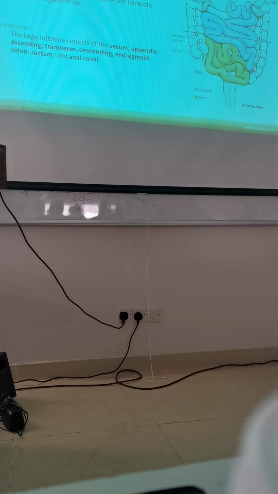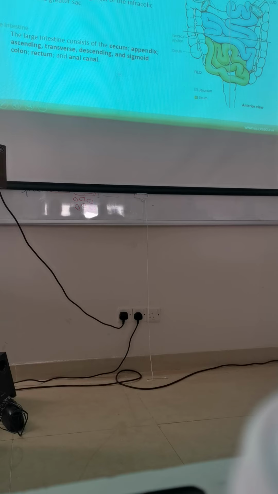These are the parts of the small intestine and these are the parts of the large intestine. The small intestine has three parts: duodenum is the first part, then the jejunum and the ileum.